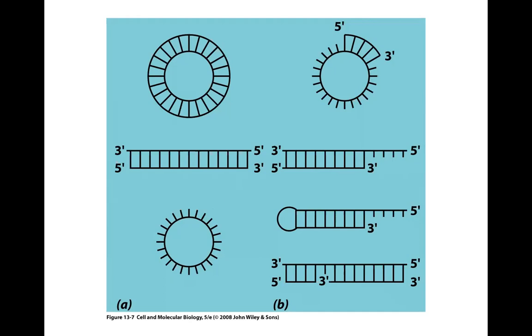which brings me to a very important protein called primase. The polymerase can only catalyze the formation of a phosphodiester bond to an existing 3' OH.